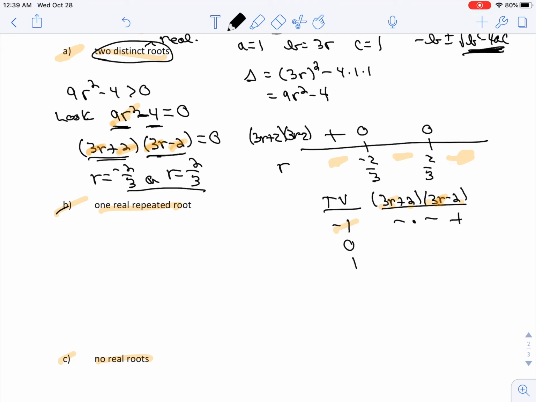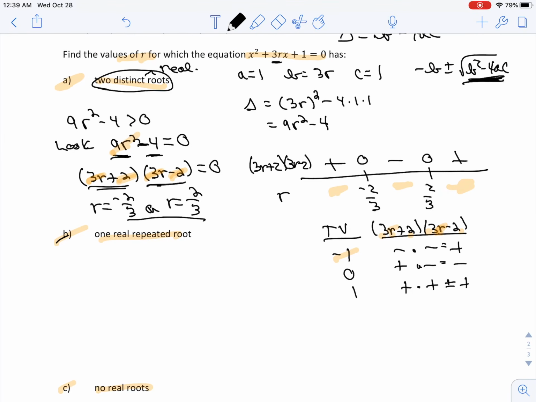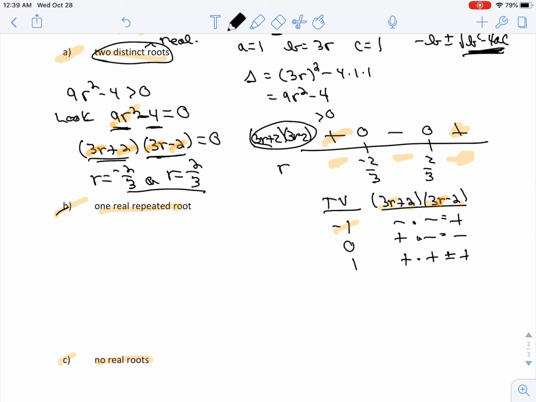When I try 0, I get a positive here, and I get a negative here, so that's going to be negative. When I try 1, I get positive times positive, which is also going to be positive. So it looks like if we want this product to be greater than 0, we're interested in these two sections.